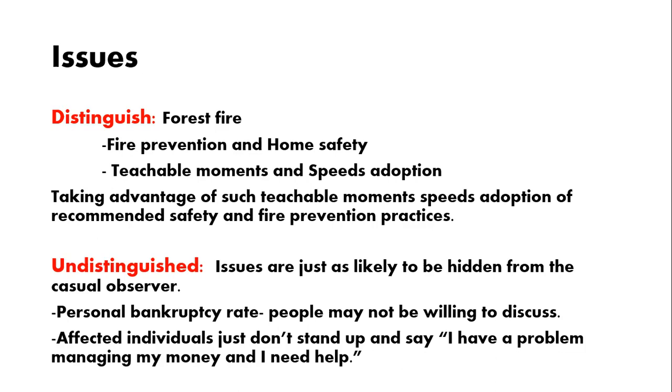People are taking loans from the banks, and due to many reasons they are not able to pay back that money to the bank. So they will be bankrupted, and therefore the rate will increase. So how can we identify that issue by observing? It is very difficult. Therefore, there should be some way to identify the undistinguished issues available in the rural community.